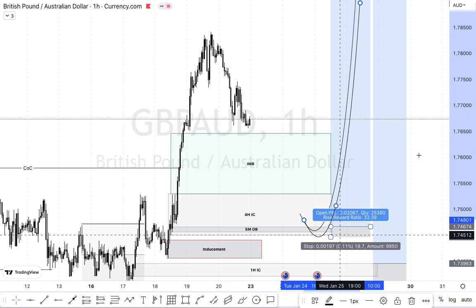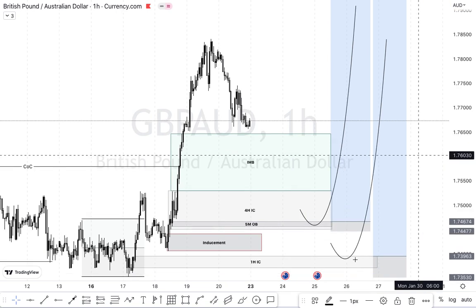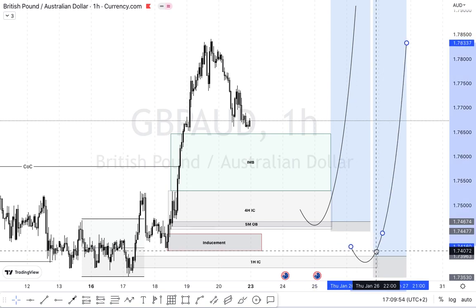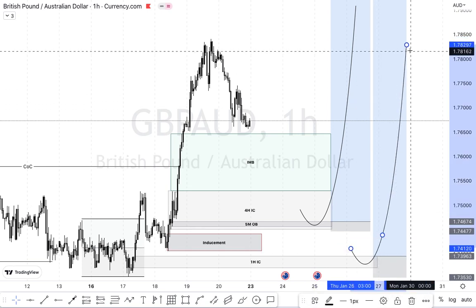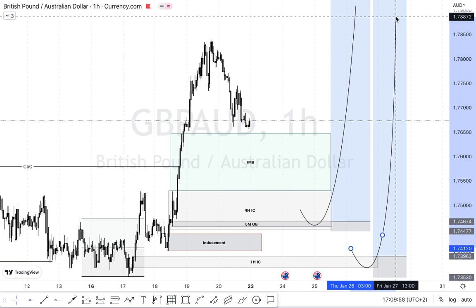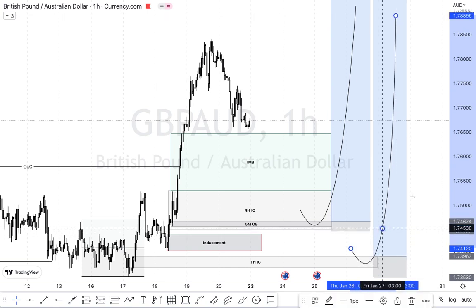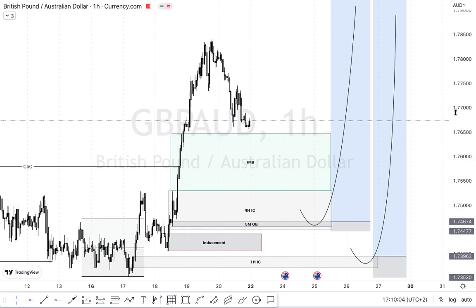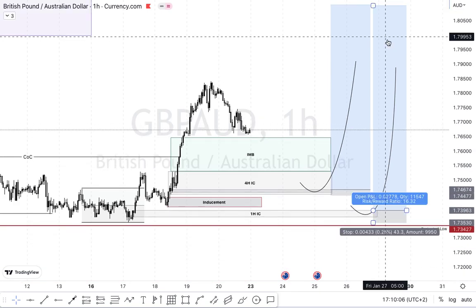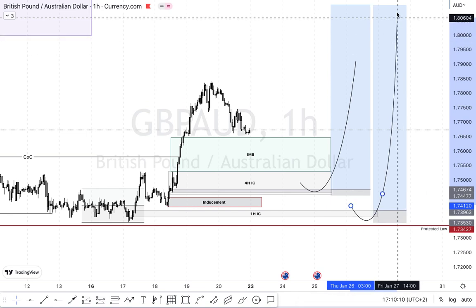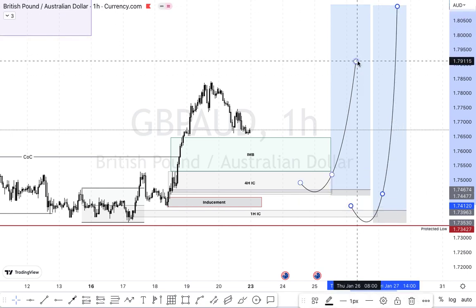But what you try to do is take entries at areas that maximize your probabilities. And so when you have two entries that are well defined and have a proper narrative to support why you are expecting price to play out in a fashion that you have identified within your analyses, it makes it much better for you as far as risk is concerned.